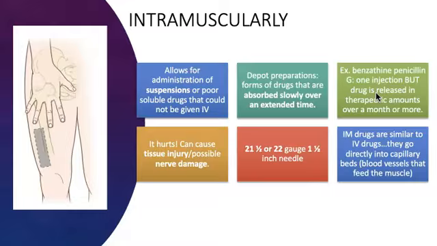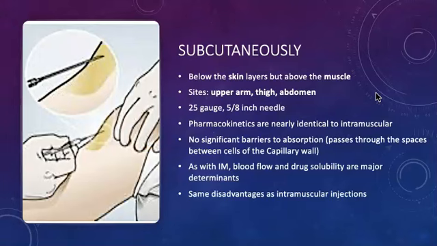Typically, we're going to use a 21.5 to 22 gauge needle, and you really want the needle to be about 1 inch to 1.5 inches in length to reach an appropriate depth. Keep in mind that IM drugs are similar to IV drugs in that they go directly into the capillary beds, so the blood vessels that feed those areas are going to be absorbing that medication.